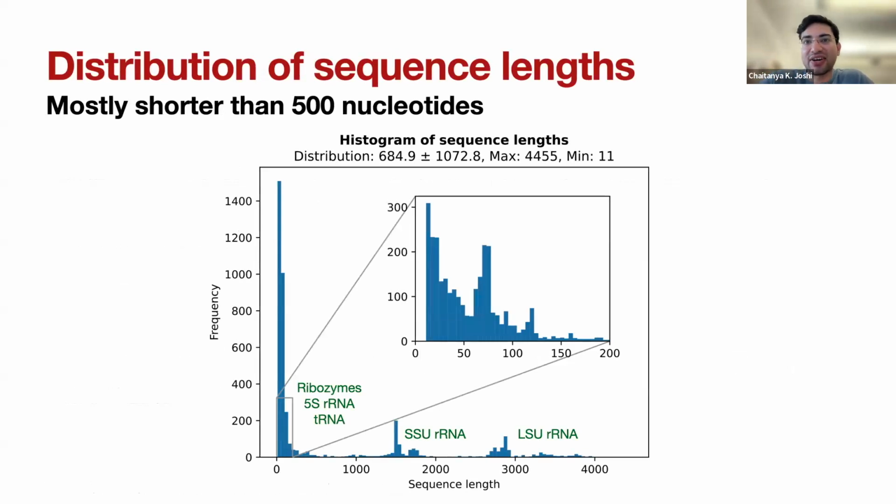Some are ribosomal RNAs, which have very specific lengths. And the ones that we're probably interested in are shorter structured RNA, where there is some amount of diversity, although over there as well, there is overrepresentation of certain classes of RNAs.